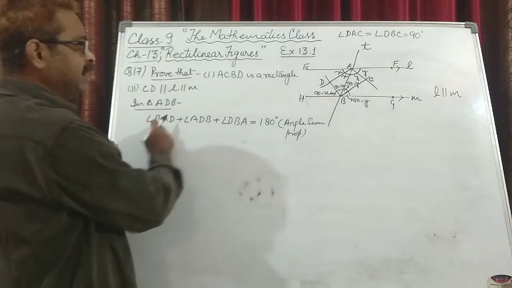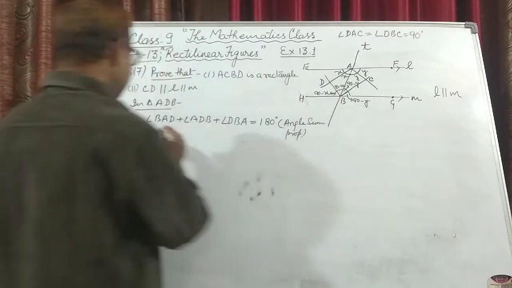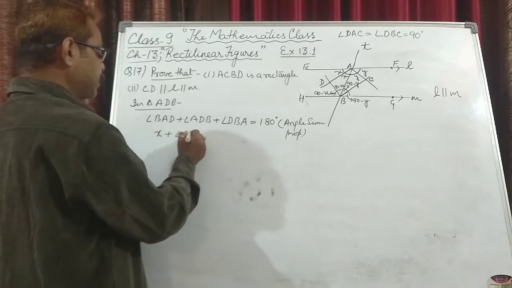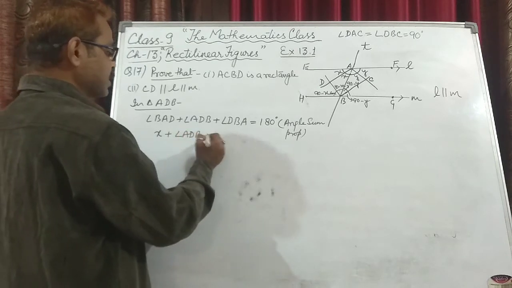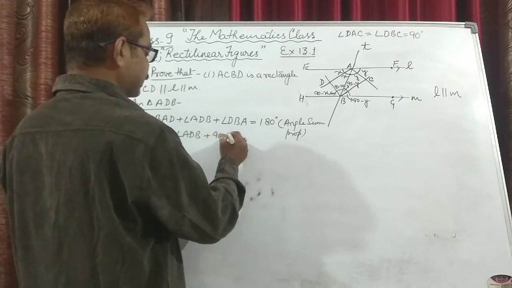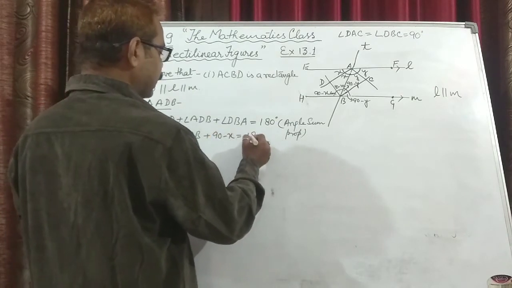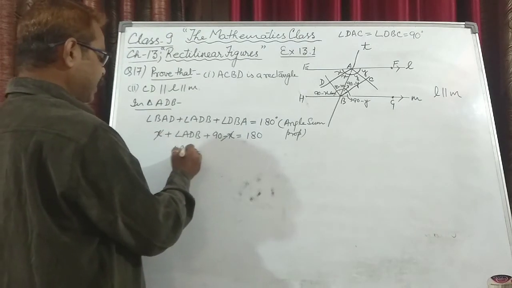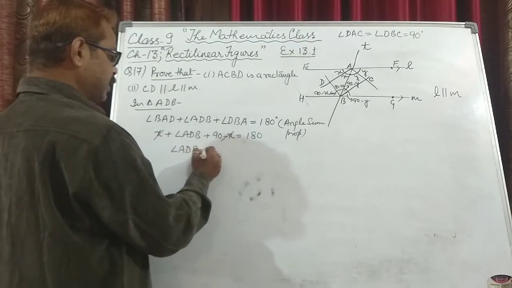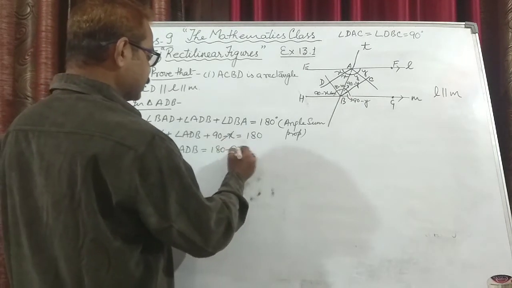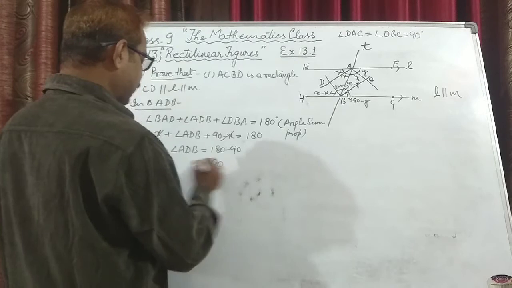Now angle BAD was x, so I am writing x. We don't know angle ADB, so let it be ADB, plus angle DBA, that is 90 minus x, is equal to 180. Minus and plus cancel. Angle ADB can be written as 180, and 90 goes to that side, minus 90, is equal to 90.